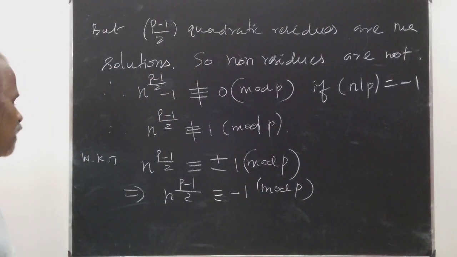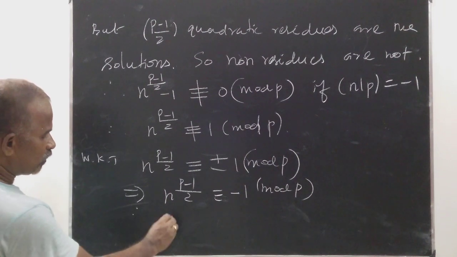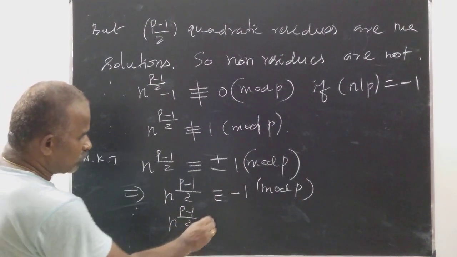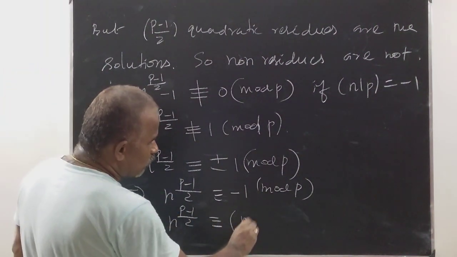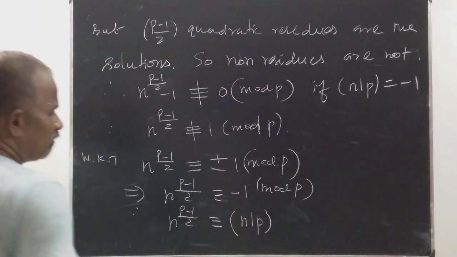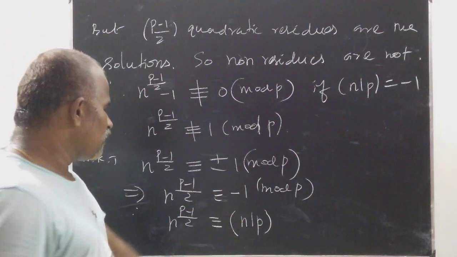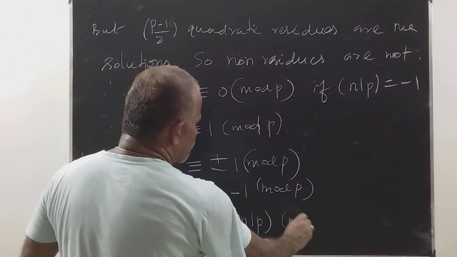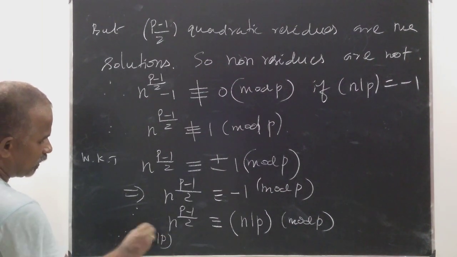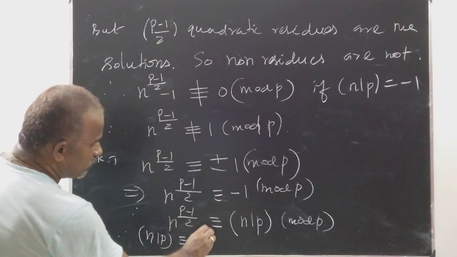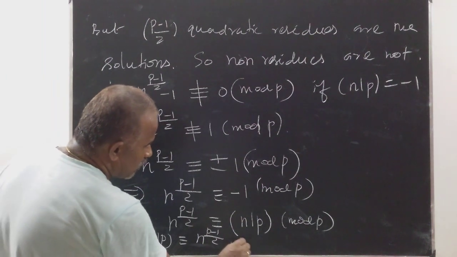So n^((p-1)/2) is congruent to minus 1, which is what we have taken for (n/p) in case 3. Therefore (n/p) is congruent to n^((p-1)/2) mod p.